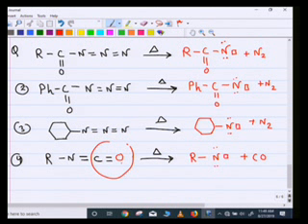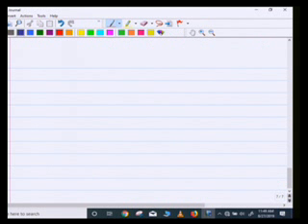For this one, remember the electron pairs which are present over there will shift over here, and this one will shift over here, and after that removal of this CO will take place. This is one method for the formation of nitrene. Now let us discuss the second method.